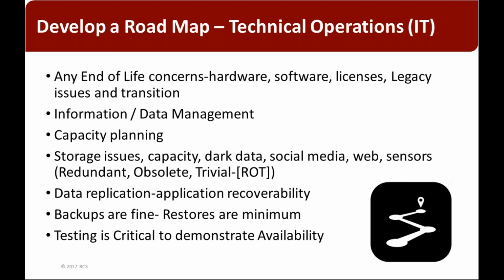By rot I mean how much data and storage are you paying for, because it's always been easier, when storage got cheap, to buy more storage than to spring clean. So you get a rot situation. What's redundant, what's obsolete, what's trivial storage?